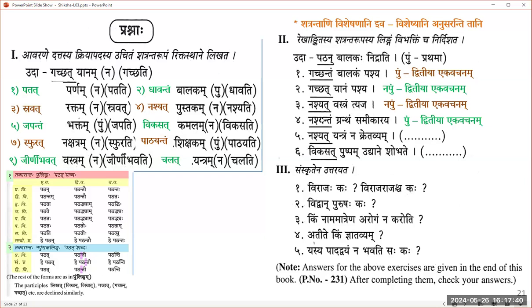Okay, all right. So next, Narayanan Varya. Nashyat Yantram Na Kretavyam. Napumsakalinga Prathama Ekavachana. Prathama Vibhakti. Very good. Why? Karmani Prayoga. Tavyat. Well done, Varya.